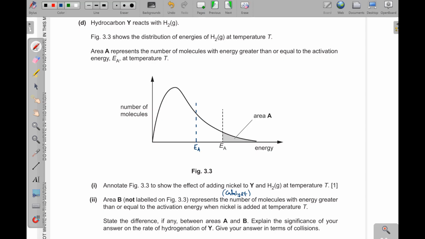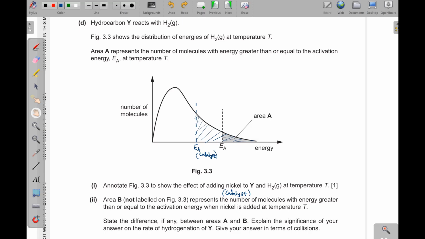Of course, we are saying this one is going to be smaller. It is providing a pathway with lower activation energy. So we have to put it on the left of this one here. You see that? And then the particles now here, you are seeing that now you are having very many which can be in position to react. You see that?